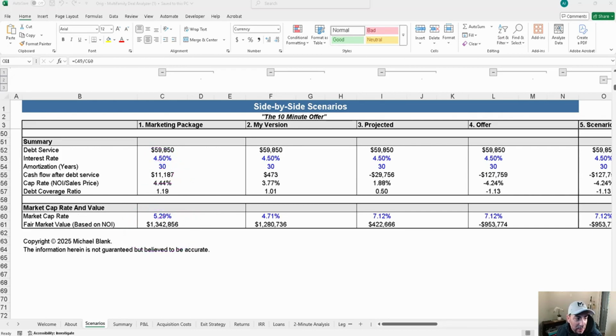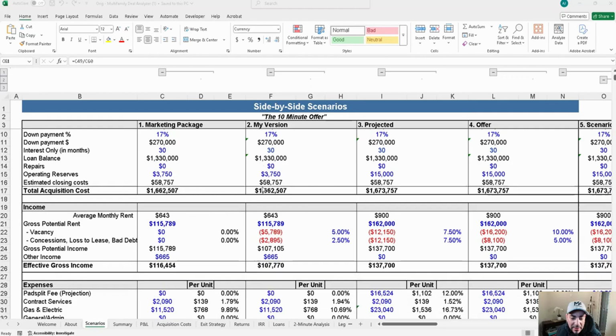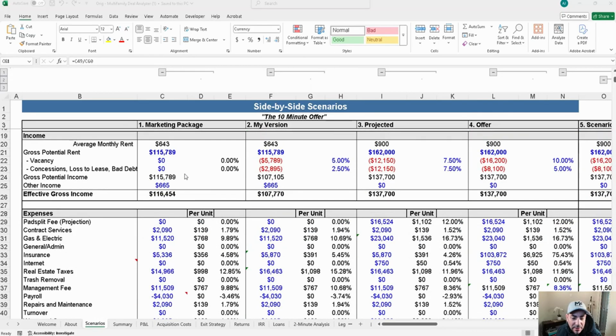However, when I analyze the numbers, even though the property is 100% occupied, this is not very common. It's occupied now, but that doesn't mean that it's going to be occupied the whole year. So I added a 5% vacancy rate and 2.5% concession loss, because this is very common in multifamily. So I'm projecting those expenses in advance.